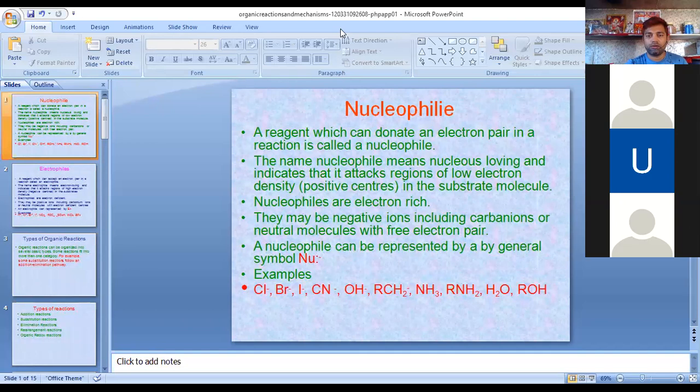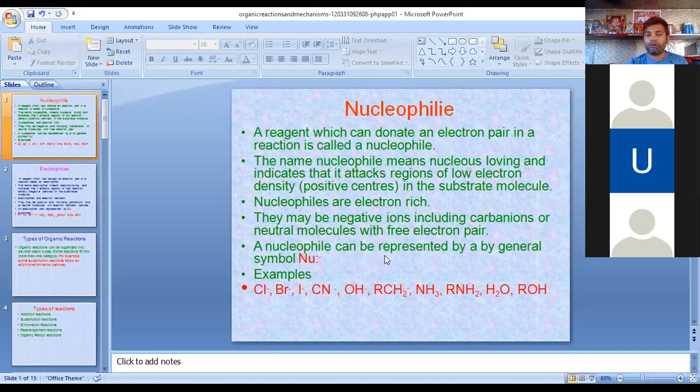In the substrate molecule, nucleophiles are electron rich. They may be negative or neutral. Negative ions including carbanions or neutral molecules with a free electron pair.